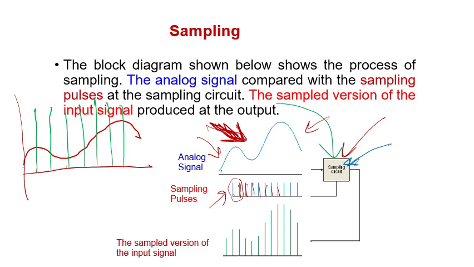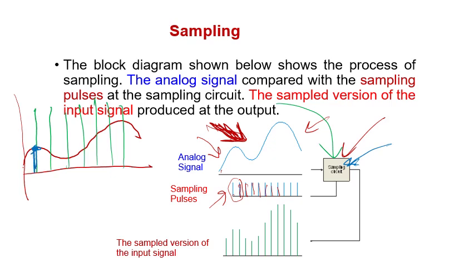The role of this circuit is to do the comparison. By the end of the comparison, we find that if the sampling pulse equals the analog, the output will be high. So this part will go to the output.